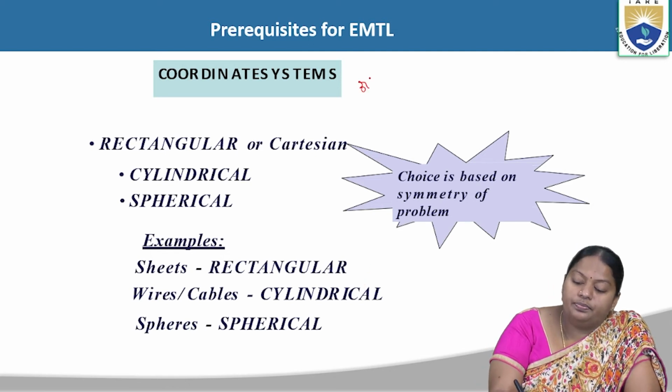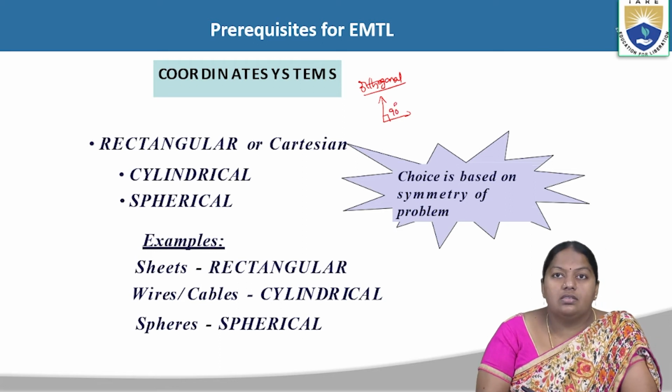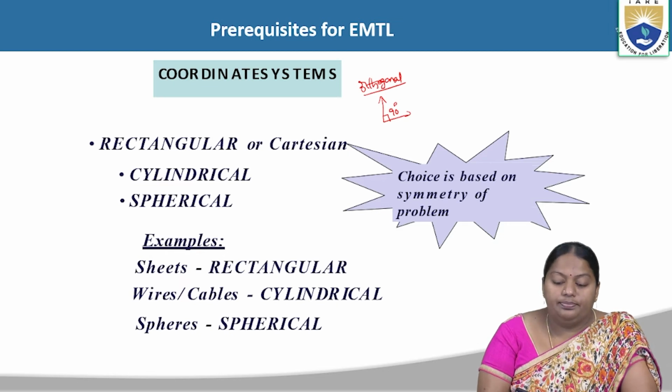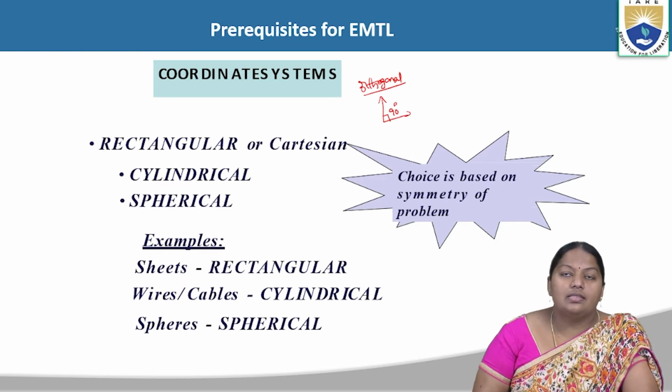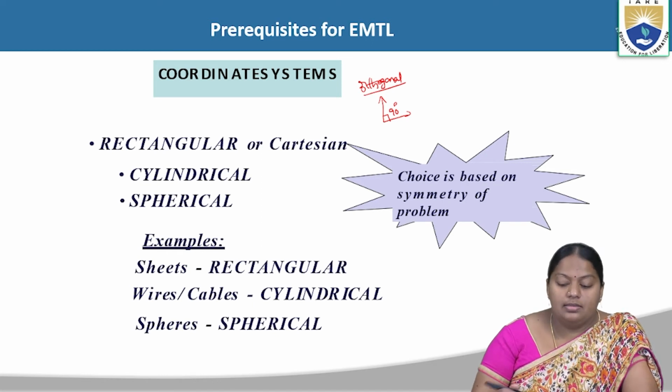Orthogonal means the angle between any two axes is exactly equal to 90 degrees. So in a coordinate system, all the coordinate surfaces are orthogonal to each other, with a 90 degree angle separating any two axes.